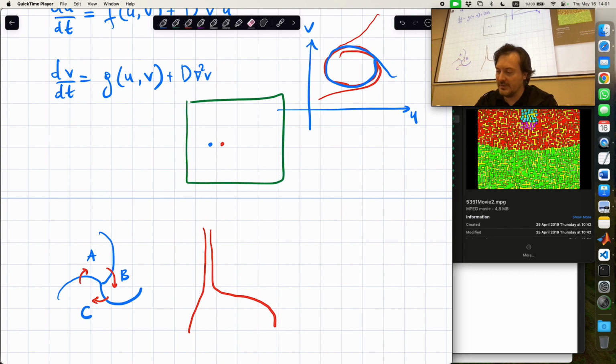For example, the Turing mechanism tells you that when you have a large enough space, you go for, what do you call this, spots. And when you have a rather cylindrical region, then you go for stripes. So usually tails have stripes and the body parts have spots, but there are exceptions.